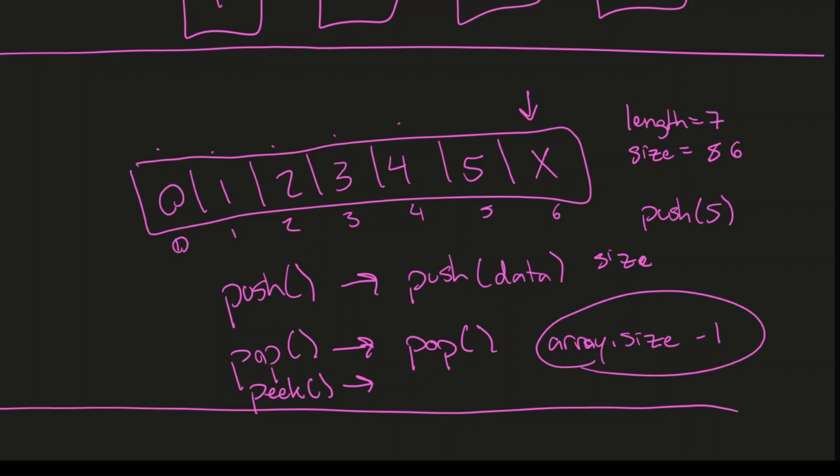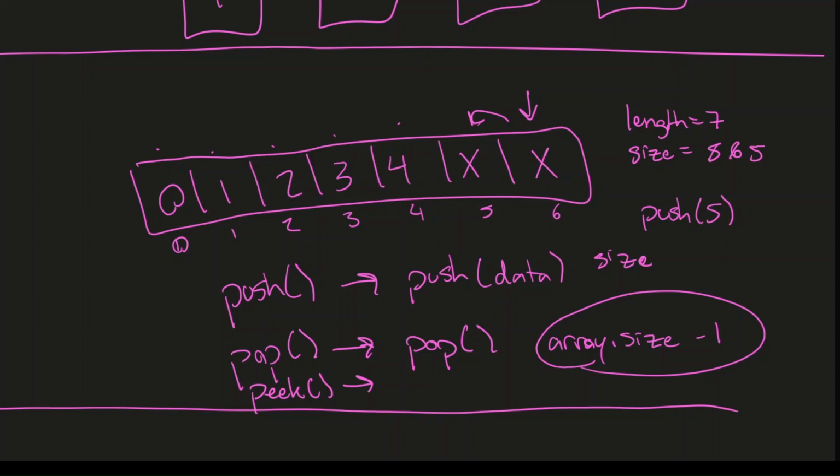And so to go to size minus 1, which happens to be index 5, it will set this to null. Size will go back down from 6 to 5, and then you're done. And now there are special cases where if you run out of space, the array can resize itself, but that is not exactly important in this example.